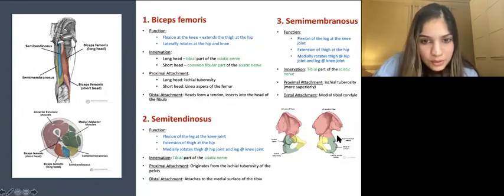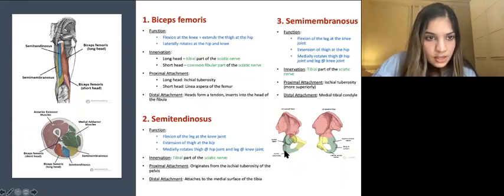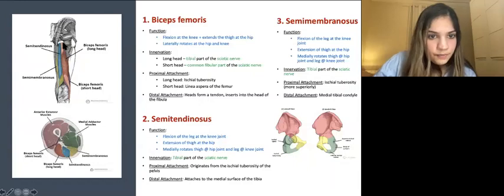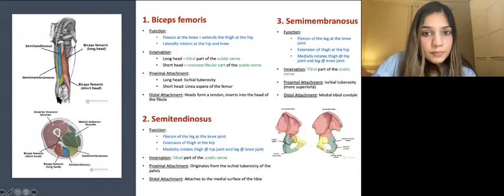So I've got also the pelvis over here for you to just understand where the ischial tuberosity is. So it's just here, if you just put this over here. And distally, the semitendinosus muscle attaches to the medial surface of the tibia. So this is the tibia.